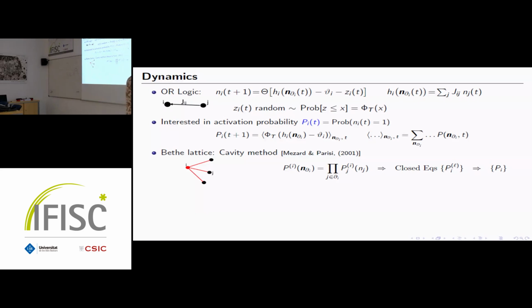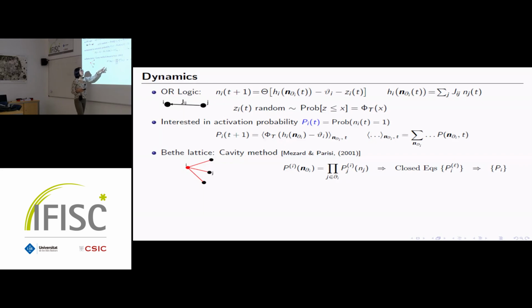However, there is a powerful method introduced by Mézard and Parisi in 2001, called the cavity method, and this is exact on a Bethe lattice, that is, an infinite tree. The main idea is that if you are on a tree and you remove a node I, then the neighbors are independent of each other because there are no loops.